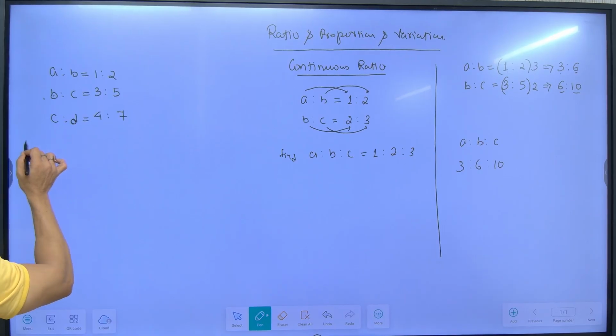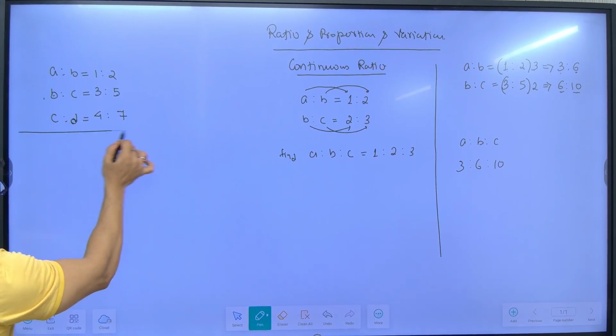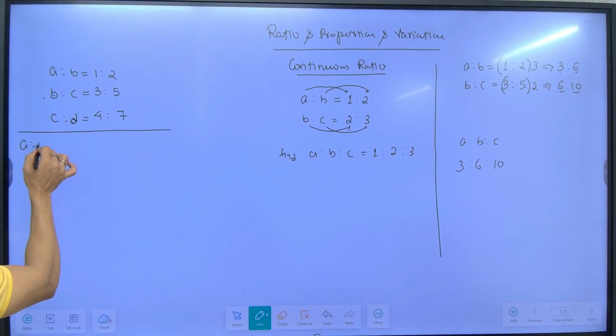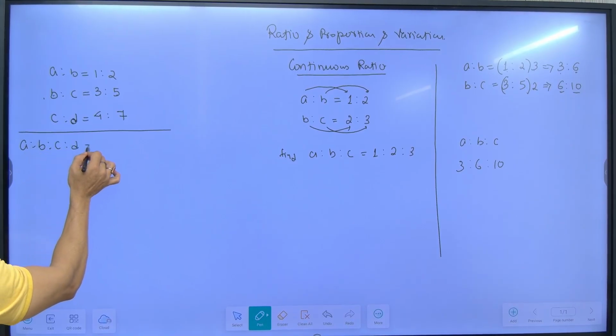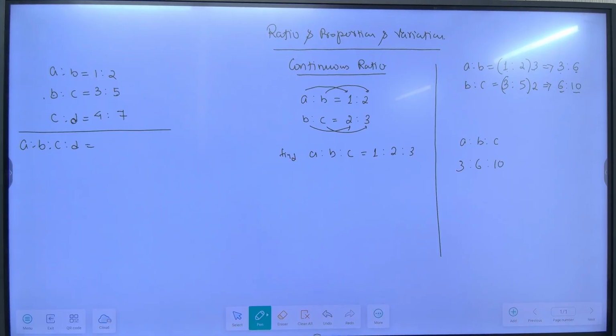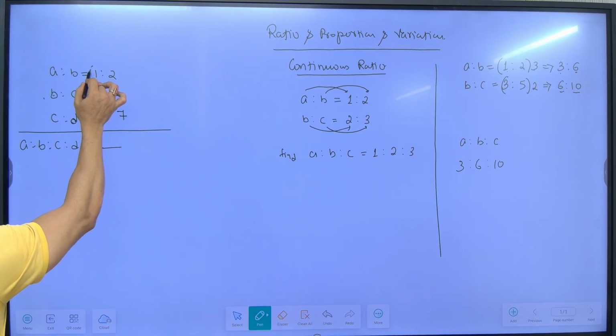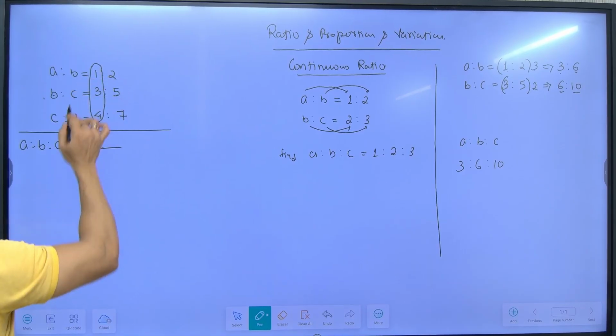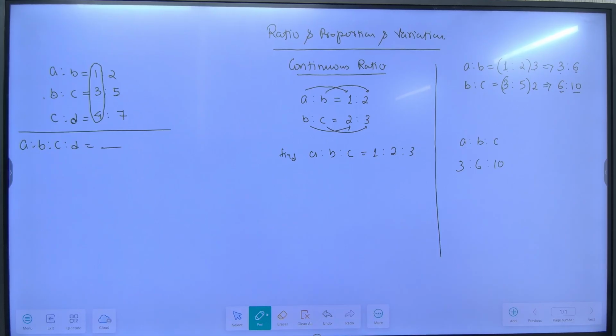Then if I ask you to find A is to B is to C is to D, in this case finding the value of A and D is very simple. So how to find the value of A? Multiply all the first values of the given ratios. That directly gives you the value of A.